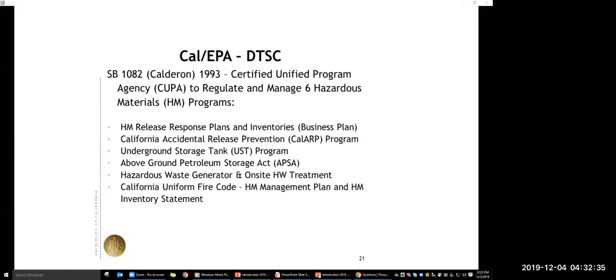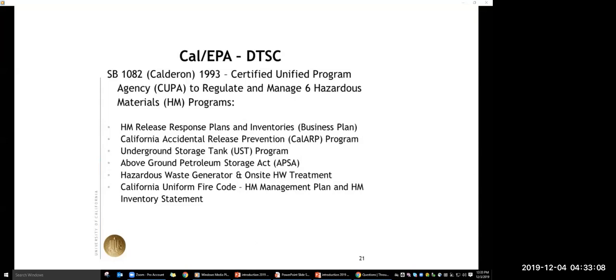Cal EPA initially delegated the CUPA application process to DTSC, where we would work with local agencies in the application process, hold public hearings, and DTSC would make a recommendation to Cal EPA to approve or reject the local agency's CUPA application. The majority of the CUPAs were county programs, but there were several counties in which a city or several cities elected to become a CUPA.